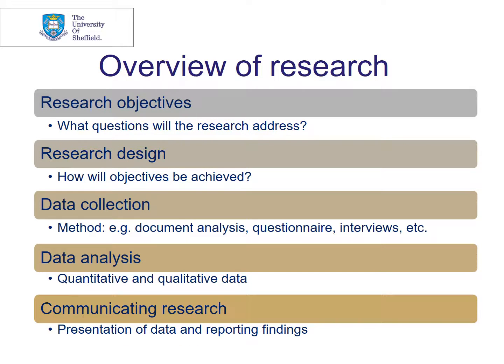Another important aspect you should bear in mind when you conduct your research for your dissertation is that there is a certain order that should be followed to make sure that you come out at the end of it with something logical, with a credible piece of research. The first step is to go through what are called research objectives.